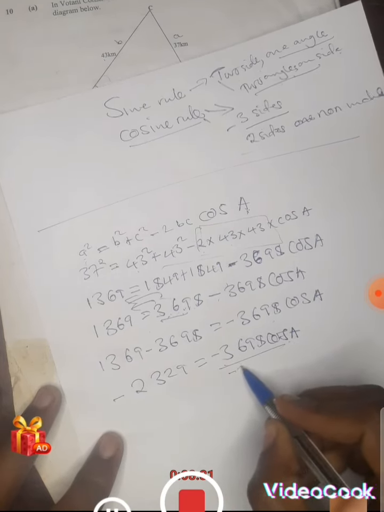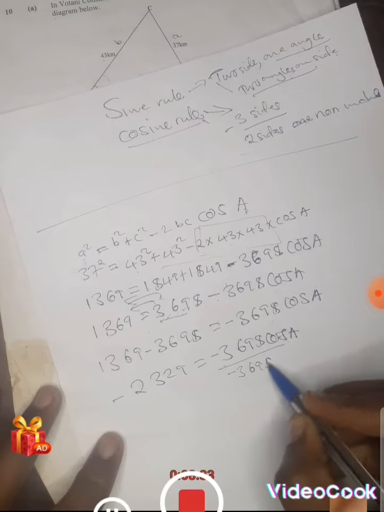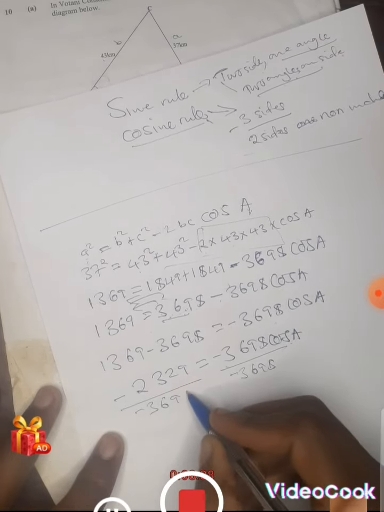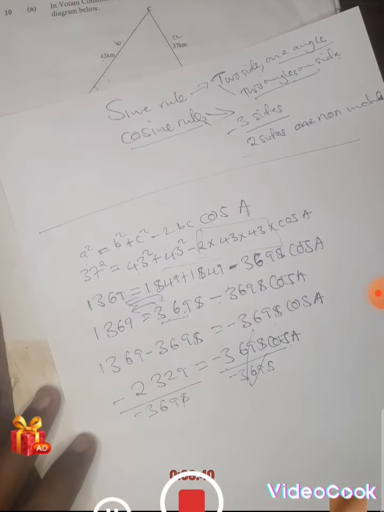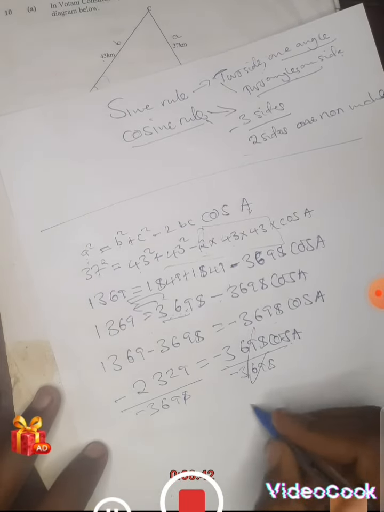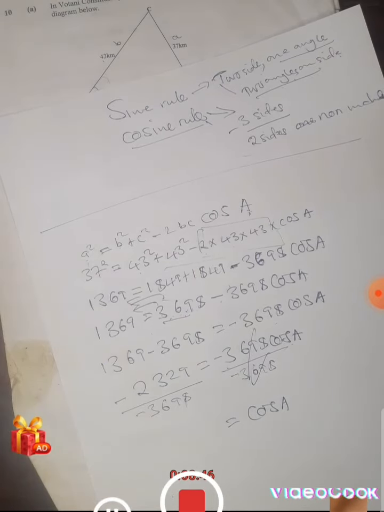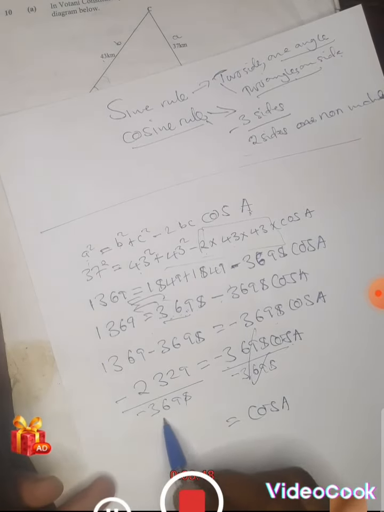So divide by negative 3698, even here by negative 3698. This one goes. So we have cos A is equals to, you divide this number which we have by 3698.